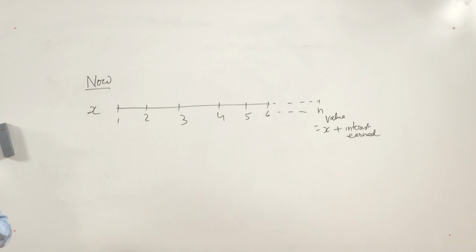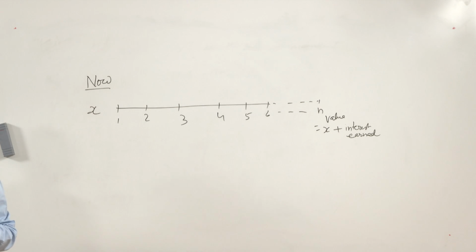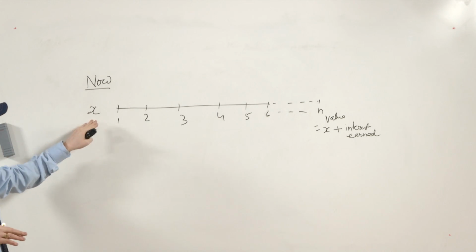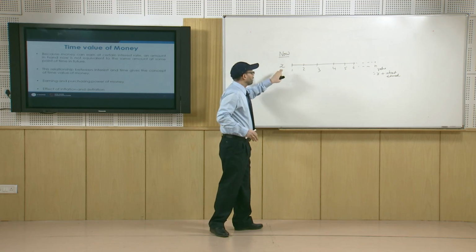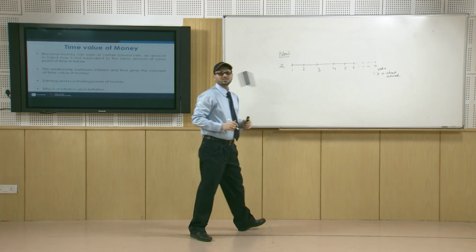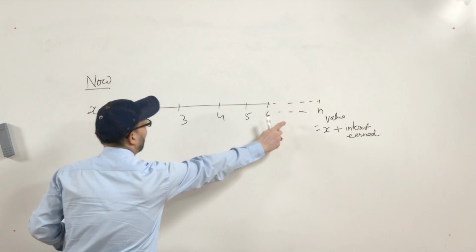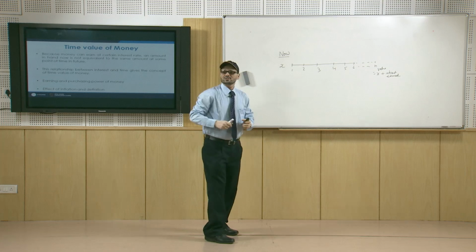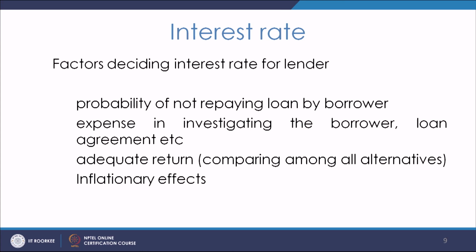So, you have borrowed it from someone, you got the pleasure because you could not have got this pleasure presently because you did not have the money. Now, you have got this pleasure, but for this you have to pay certain extra, that is the interest earned. That is why with time the value of the money is changing, that is known as time value of money.